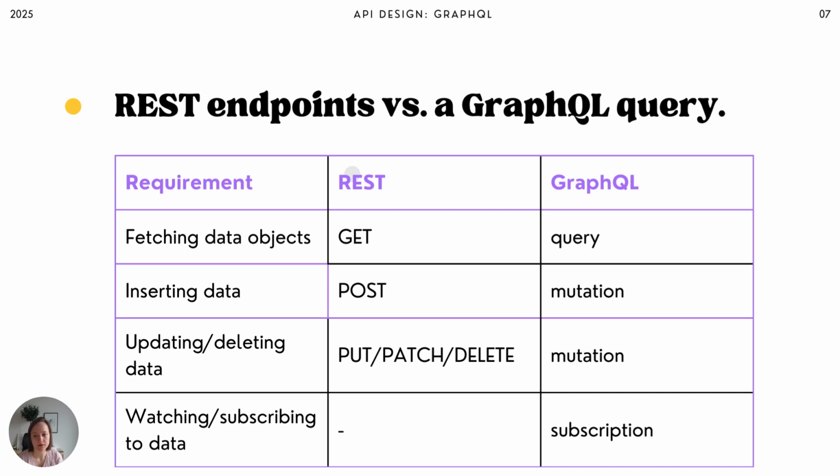In terms of endpoints, in REST we're used to this HTTP standard. We get, we post, or we put, patch, delete when we update or delete the data. We don't have any watching capabilities, so that needs to be implemented by external tools. In GraphQL, there is a different lingo for all of these things. You just have a query.